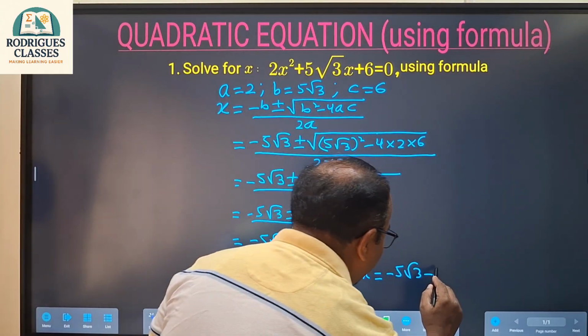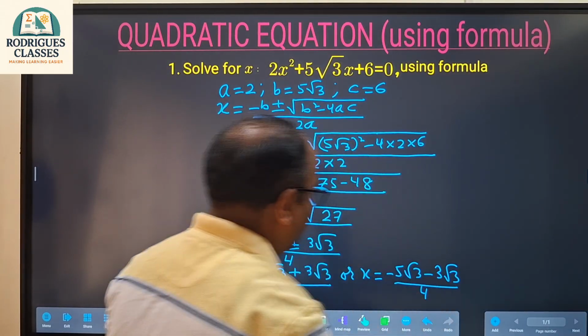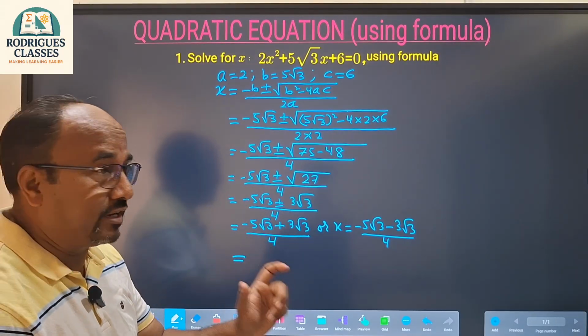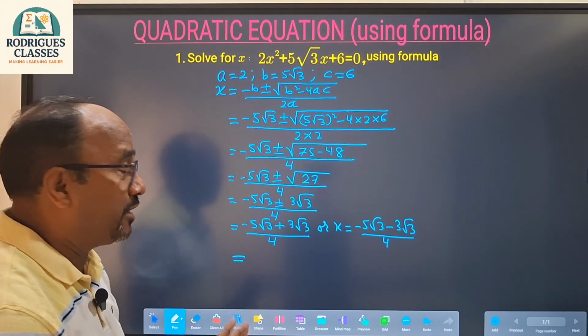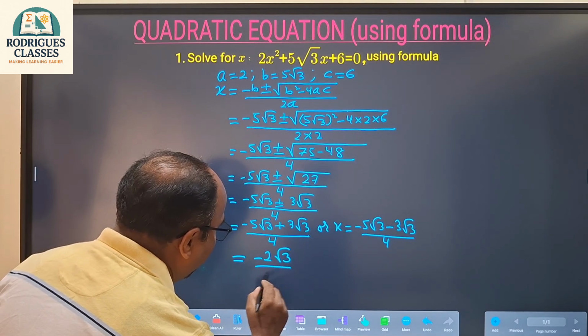So minus 3 root 3 by 4. Both are in root 3, so it can be simplified. Minus 5 and plus 3 will give you minus 2 root 3 by 4.